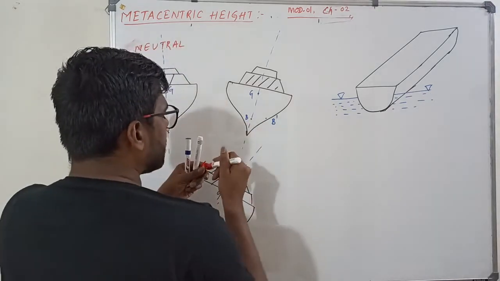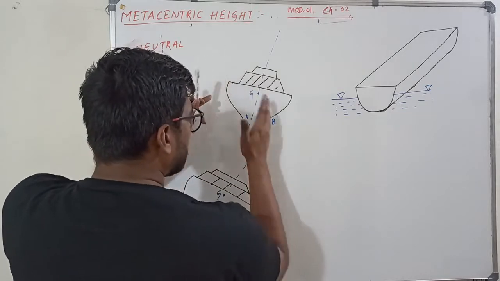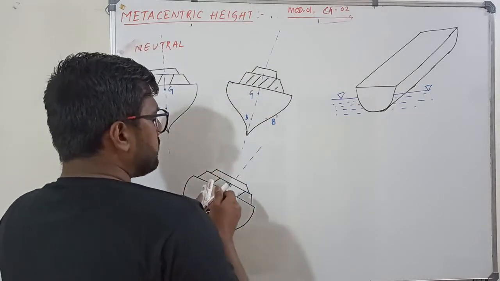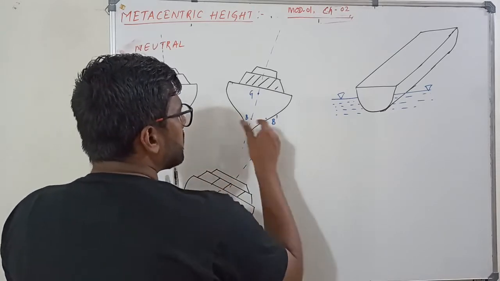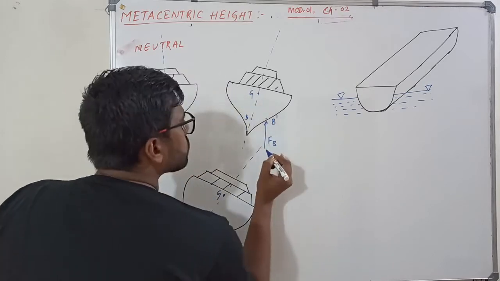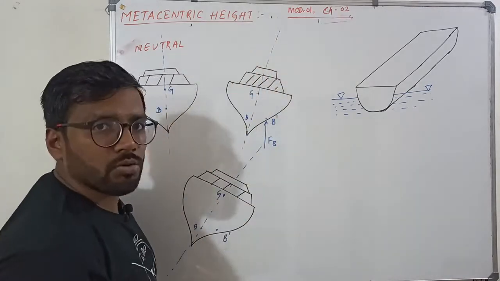Now in this case, because the ship has tilted, what is your center of buoyancy? Your center of buoyancy has now shifted to a new place, that is B dash. So the force of buoyancy is now acting through B dash.